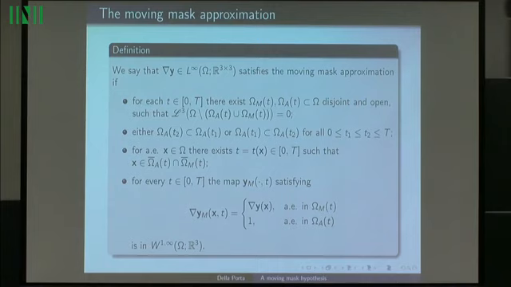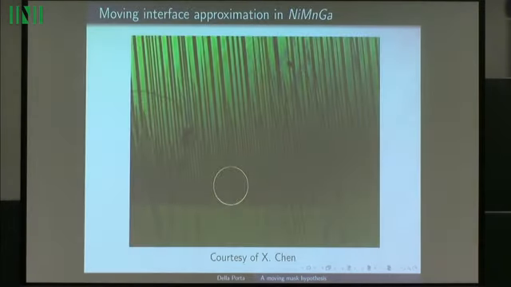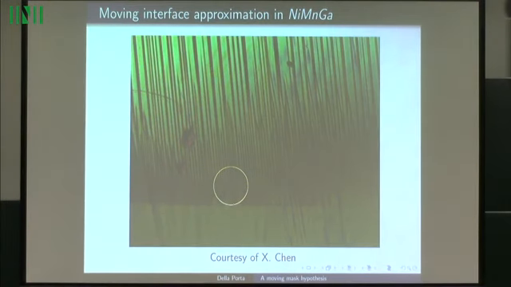That seems a good approximation of what we observe in the experiments. But let me point out that the same moving mask idea can also be applied to other martensitic phase transformations.